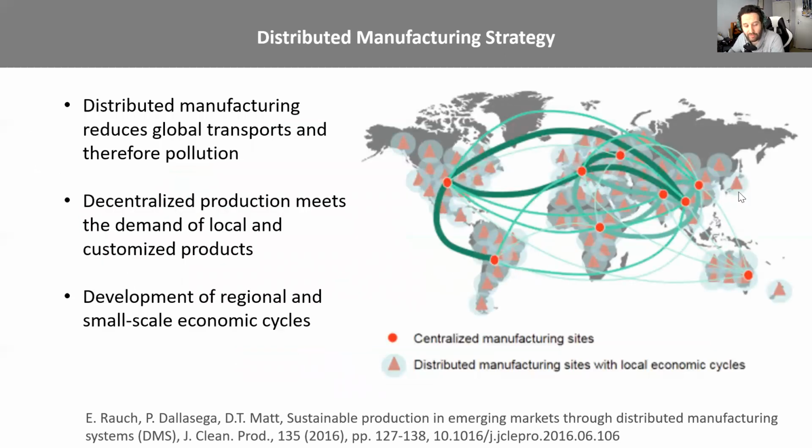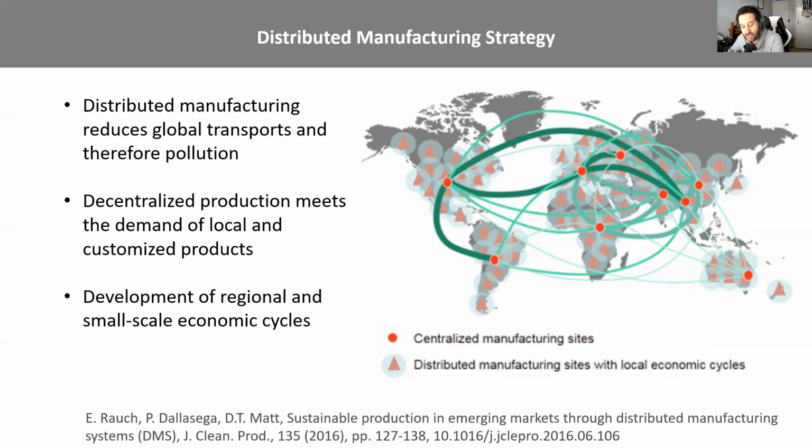A distributed manufacturing strategy, though, is different, as in it reduces global transport and therefore global pollution. What it does is decentralize production, meets the demands of local needs and for customized products. It allows the development of regional and small scale economic cycles.